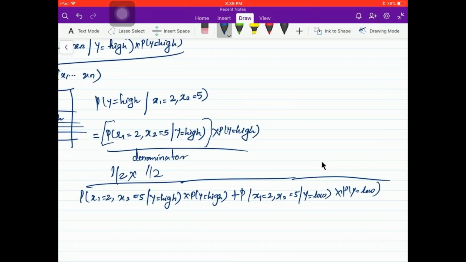So what is the overall probability of having x1 equal to 2 and x2 equal to 5? That is equal to probability of x1 equal to 2 and x2 equal to 5 given y equal to high into probability of y equal to high, plus the same thing given y equal to low into probability of y equal to low. Now can you tell me the denominator? What is this part? This is the same part on the numerator as well, what we have seen.